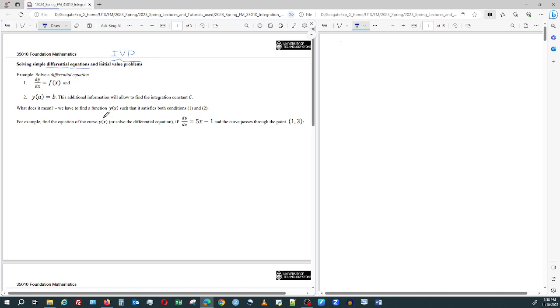What does it mean? Differential equations, DEs, have as their solution something different. This is very important. A normal equation has x as its solution.